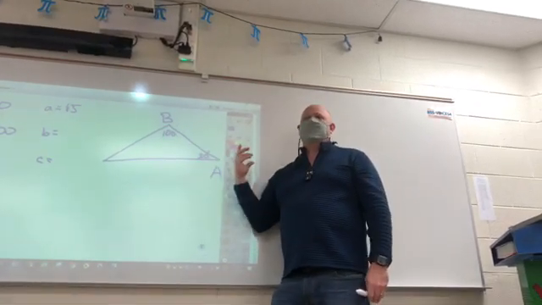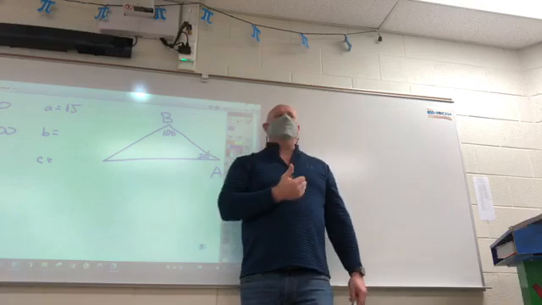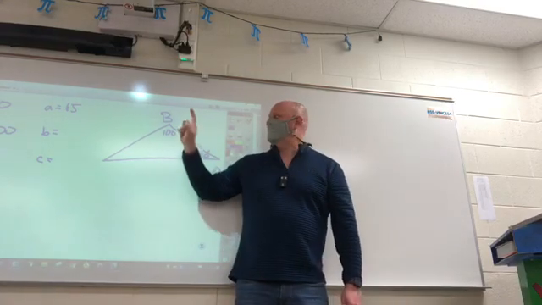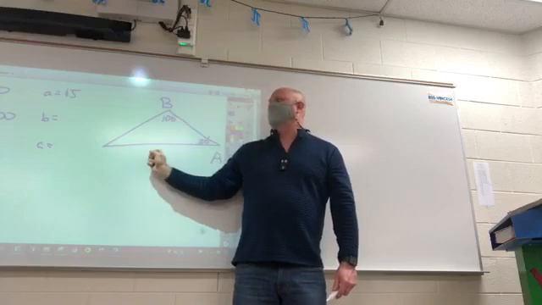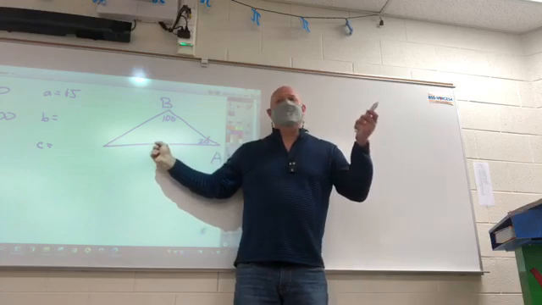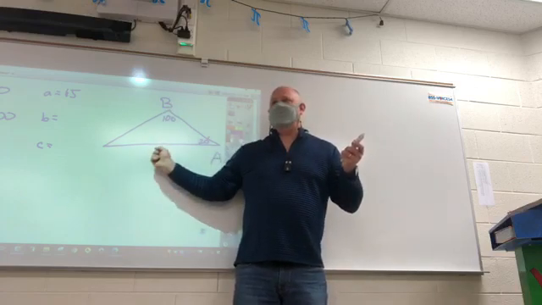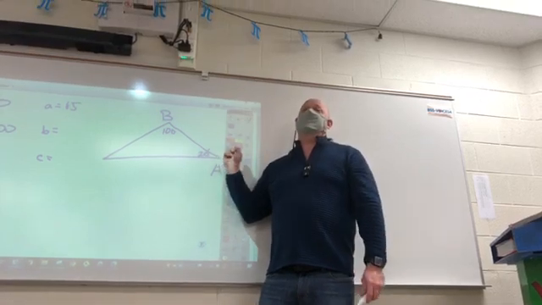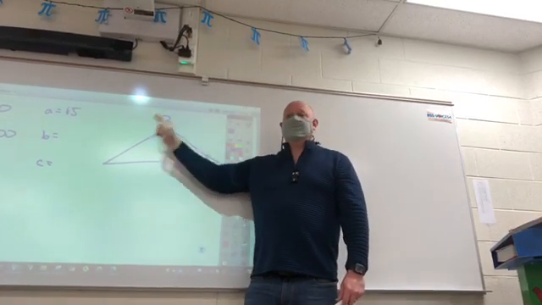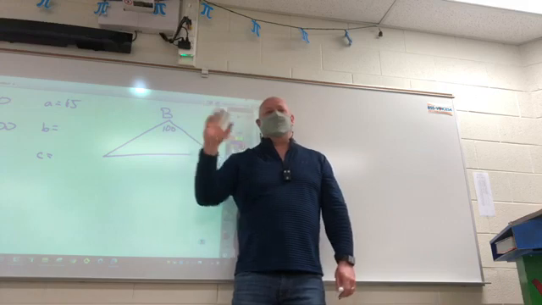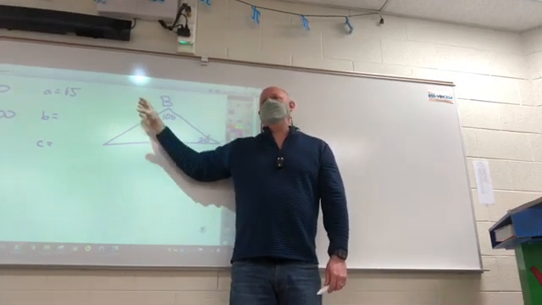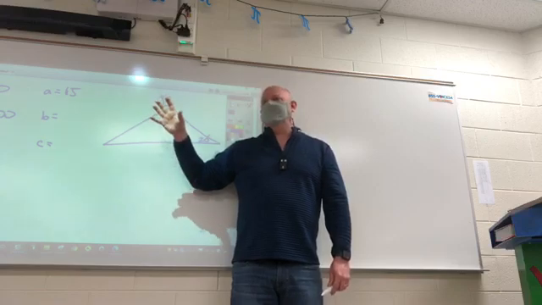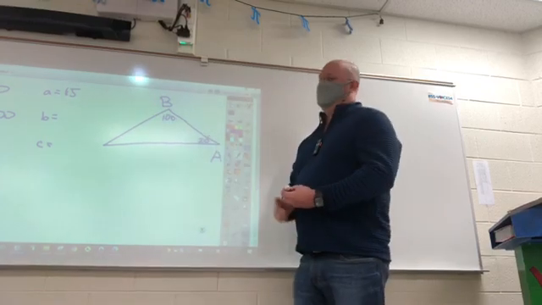There is one basic rule from geometry that will help us. If I know this is 100 degrees, what do I know about this side? It's the biggest, because the biggest side has to be opposite the biggest angle. The smallest angle also has to be opposite the smallest side. That little tidbit is going to help us and make life a little easier. Does that make sense?